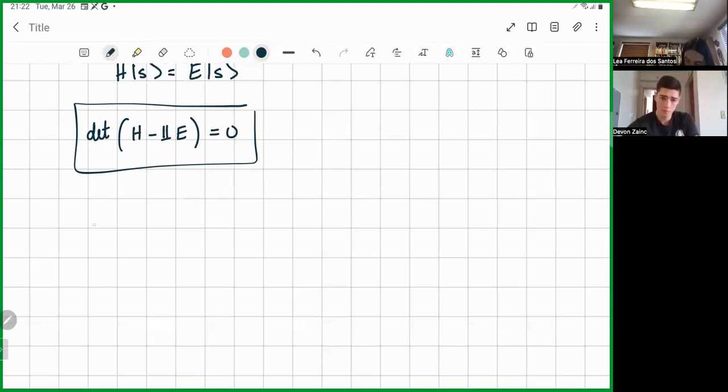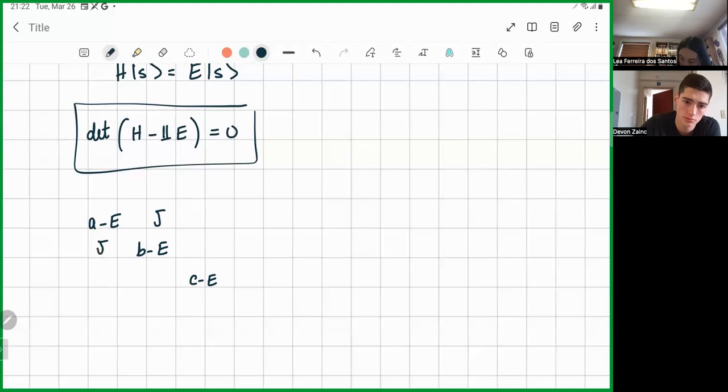So let me pick my matrix. I'm going to write the whole thing. And well, we have all these off-diagonal elements. Now, how should we call these off-diagonal elements? I'll call them J1 and J1, J2 and J2, and J3 and J3. It doesn't matter.